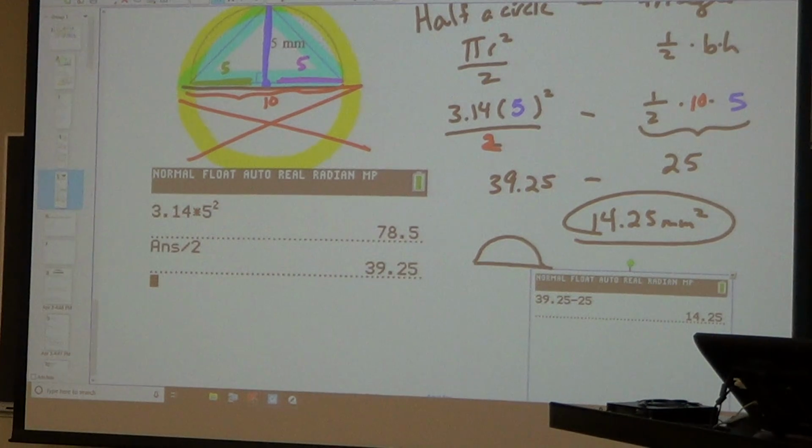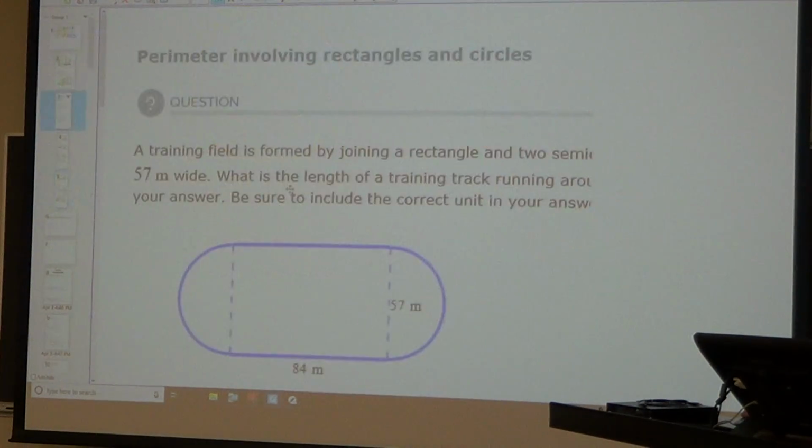Gotcha. All right, so far today, everything we have been doing is area. We're going to now do perimeter. Now, tell me what perimeter means. Around. And how do you get perimeter? Add.